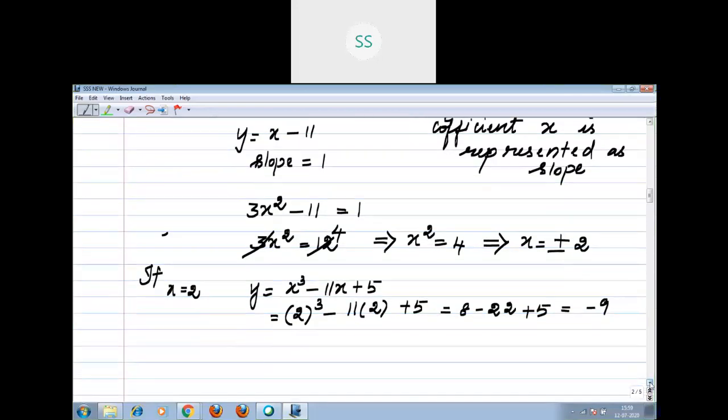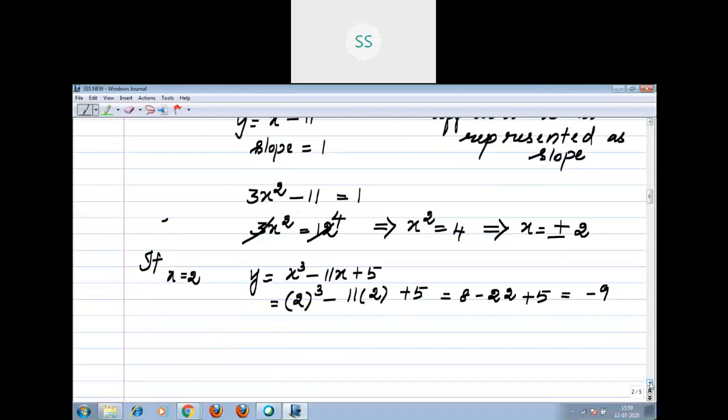Next, x is equal to minus 2. Y is equal to minus 2 the whole cube minus 11 into minus 2 plus 5.